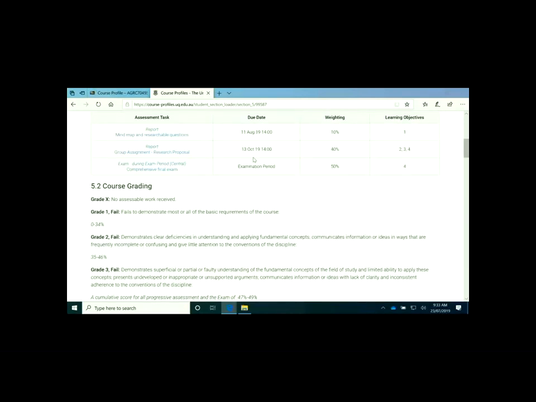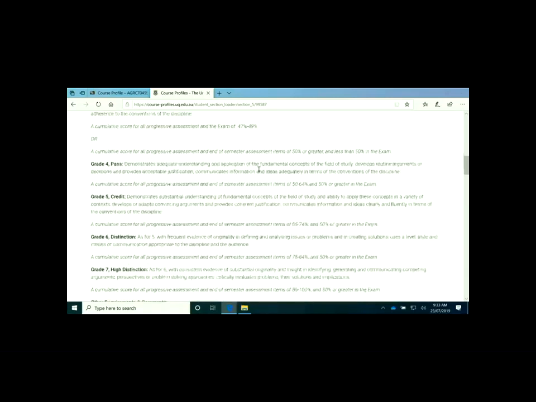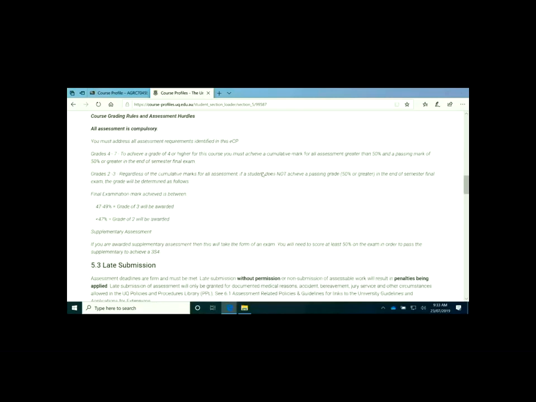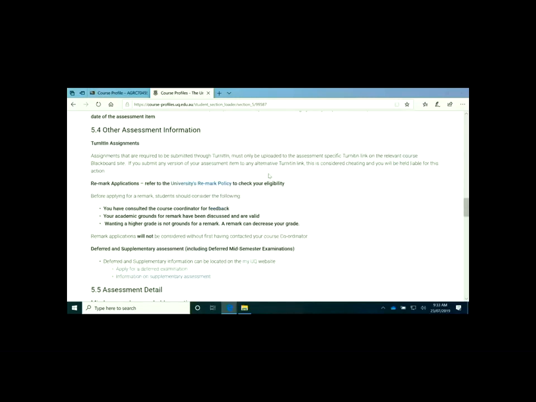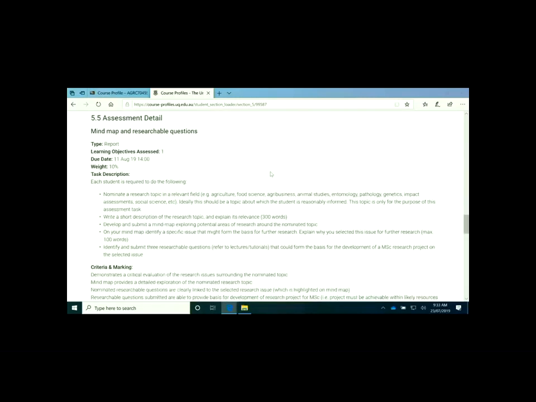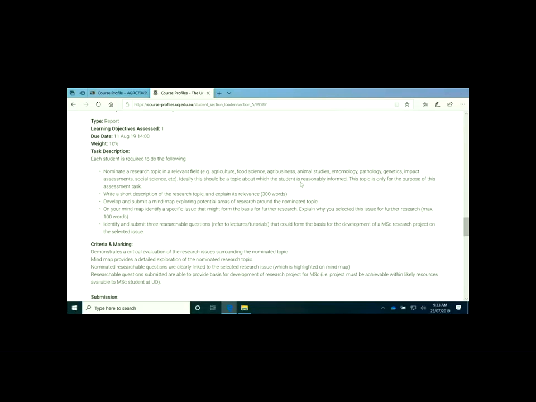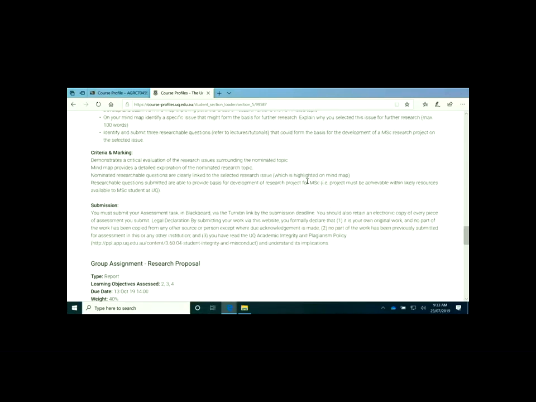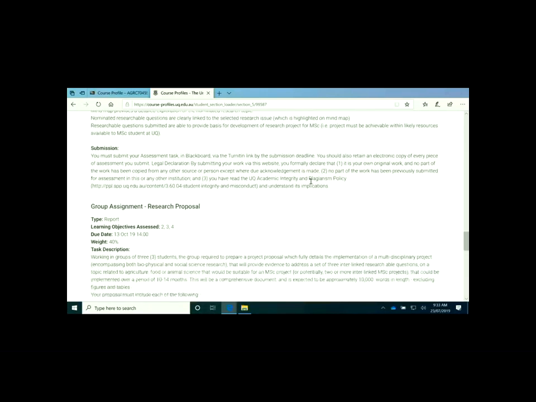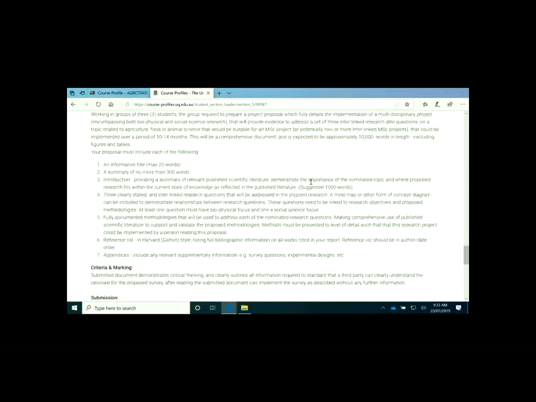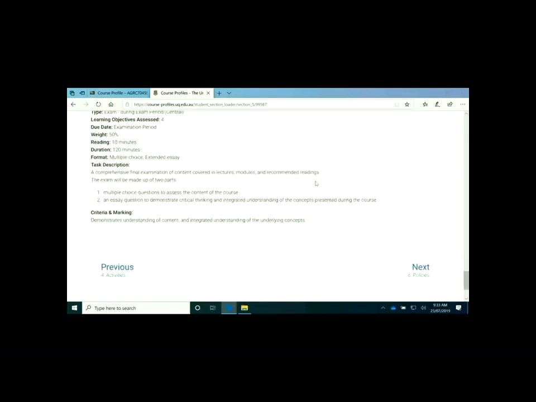Look at the assessment policy, and here is information about the assessment items. We've talked about this generally, but make sure you read through that as well. Then there's information here about what's required for the group assignment, and the exam is at the end.